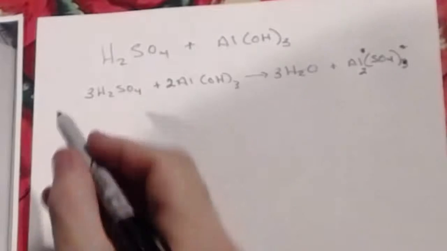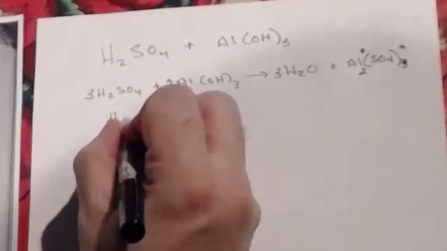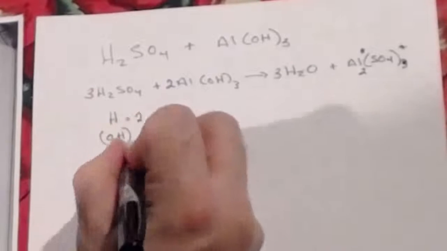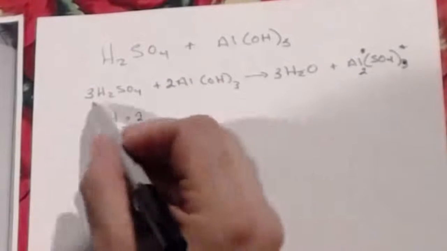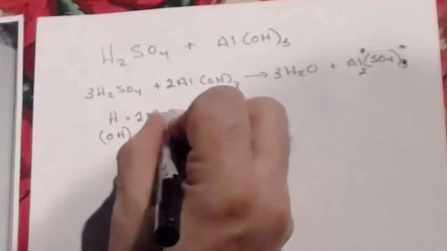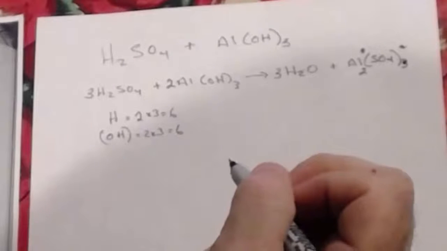Okay, let's just do an atom count from here. We've got hydrogens. On the left side, we've got 3 sets of 2. And OHs, we're actually doing not the atom count, but a molecule count. OHs, we have 2 sets of 3. All right.